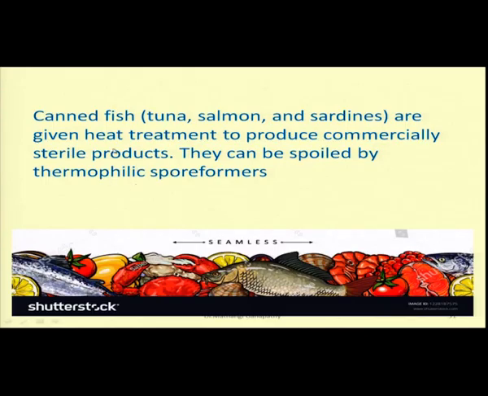And under refrigerated condition, they will have a longer shelf life due to the slower growth of the spoilage bacteria. And canned fish, normally we give them heat treatment to produce a commercially sterile product, and here the spore formers are the only ones which can cause spoilage.